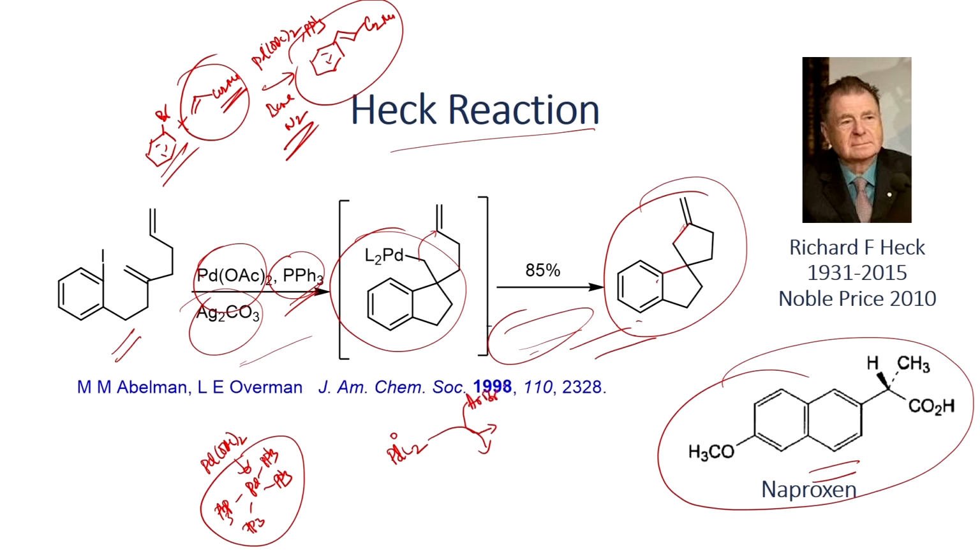Let me write like this. It can undergo oxidative addition, and then you will have a palladium 2 intermediate. Once you form this, it can react with your alkene.